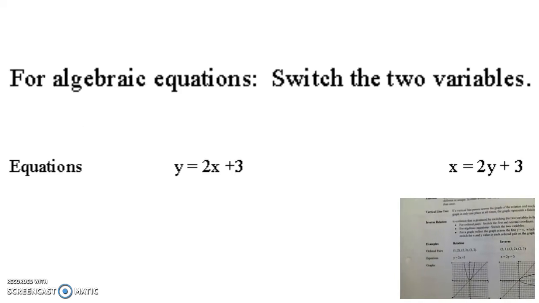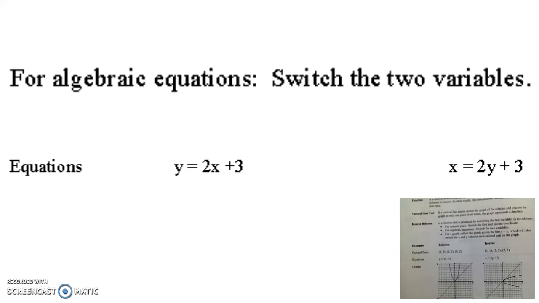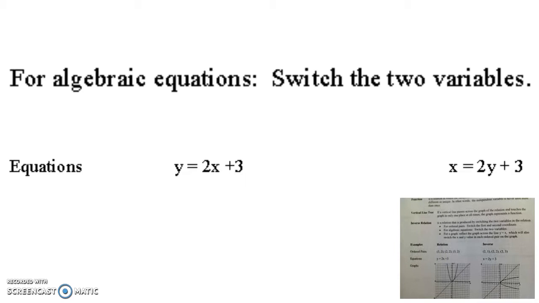To take the inverse relation when we're given the function, for instance, y equals 2x plus 3, it's solved for y, so this is very easy to change out the x and the y. The x goes where the y was, and the y takes the place of the x. So now we have x equals 2y plus 3.